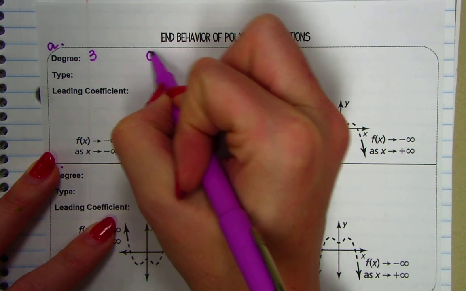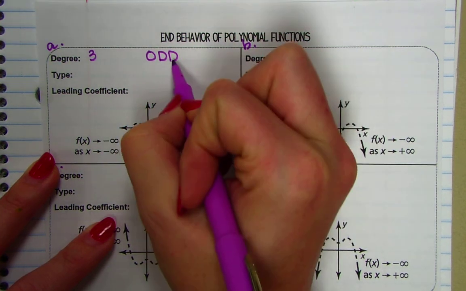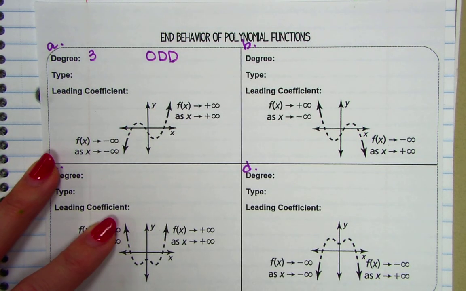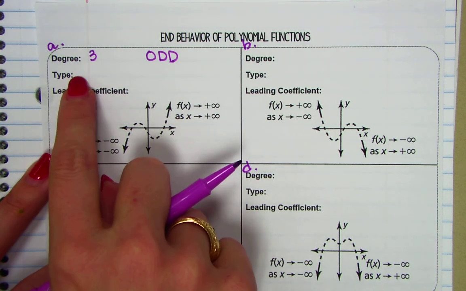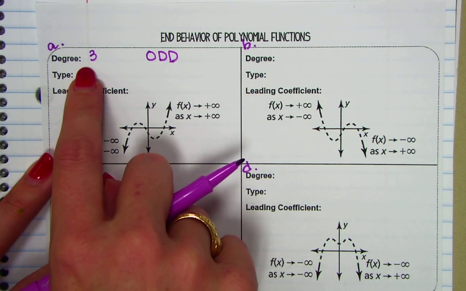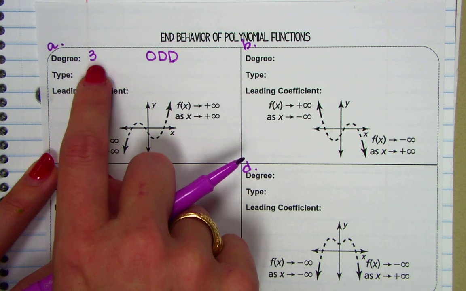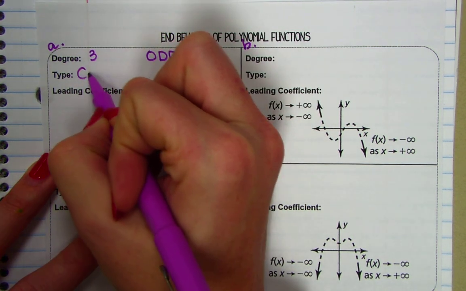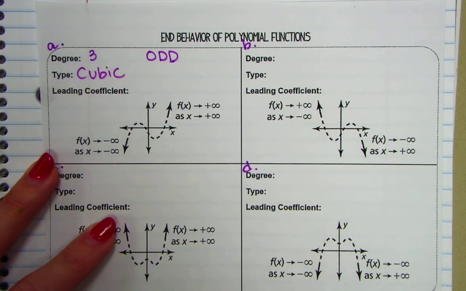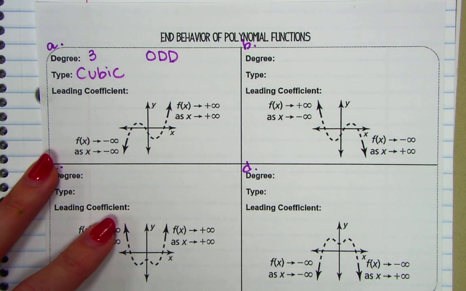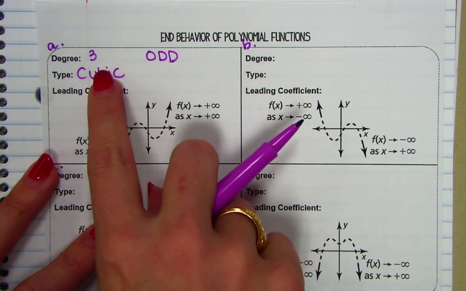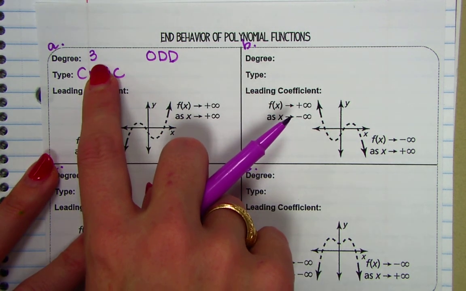And 3 is an odd number, so this would be an odd function. If it's degree 1, it's linear. If it's degree 2, it's quadratic. If it's degree 3, the type is cubic. It's at a degree that this will have an x cubed in the function.